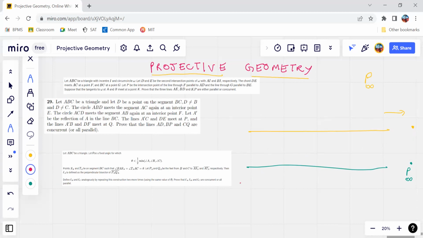So for this line, what is this pink line? There's going to be a different point at infinity there. And this other red line also goes through it. So now we can just say that every line does intersect every other line. We don't have to bother about stuff being parallel.